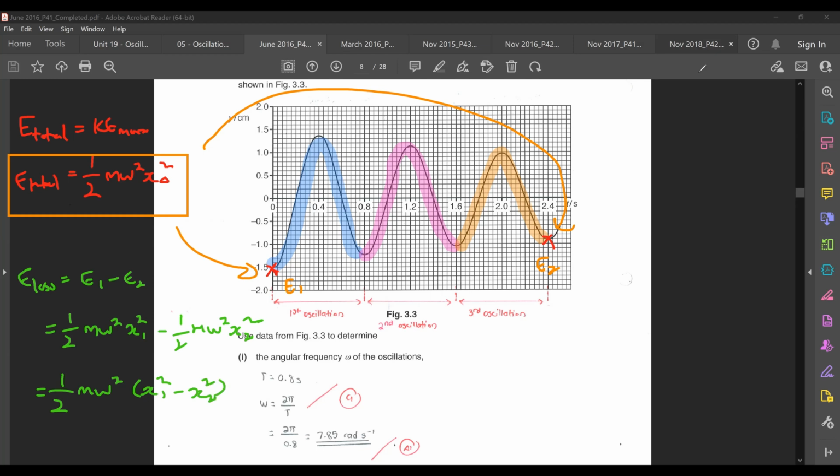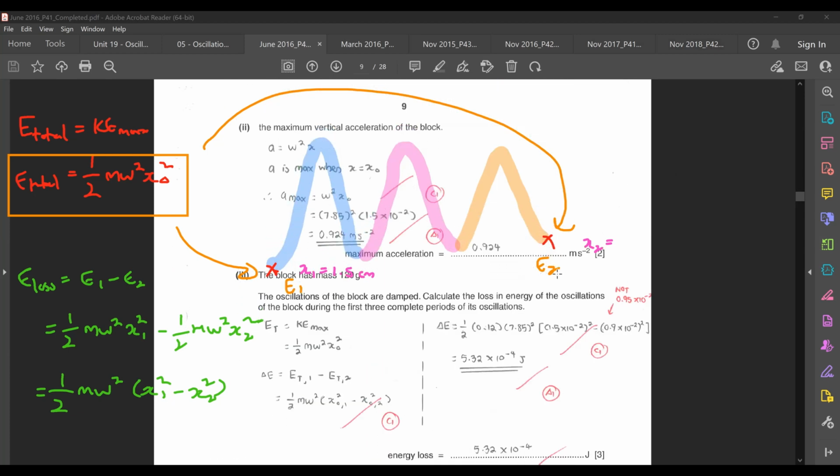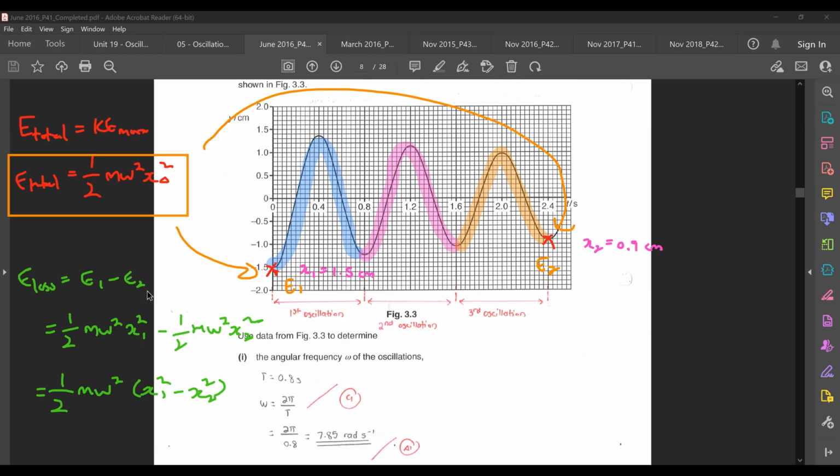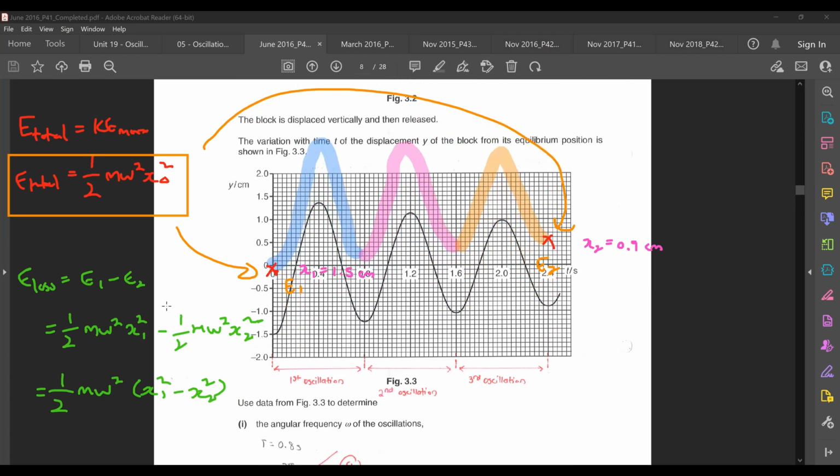So what is your x1 here? Your x1 here is 1.5 centimeter. Your x2 here is, I believe, 0.9 centimeter.